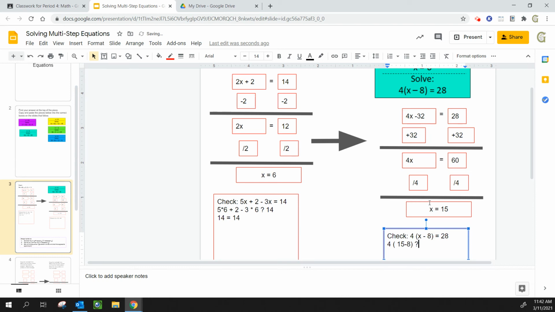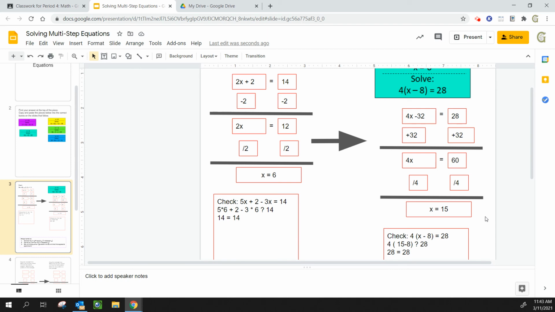I want it to be 28. Let's see if it works out for me. So in my calculator, I'm going to type 4 parenthesis 15 minus 8 parenthesis, and it says 28, and it was supposed to say 28. So 15 is my answer.